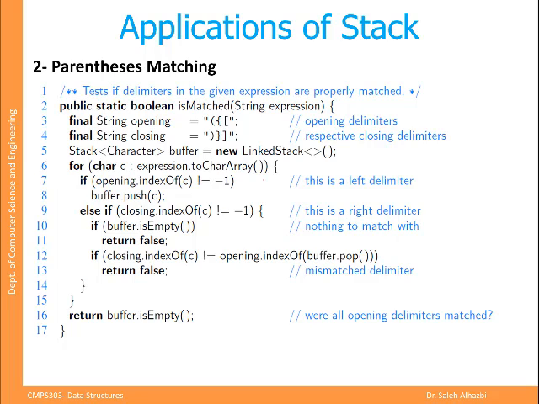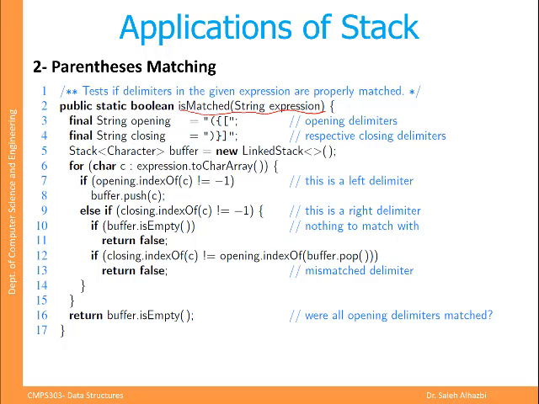How to do this? We have here isMatch that returns true or false. It will receive an expression that contains parentheses. Now we have a string called opening that is composed of the three types of the open parentheses.